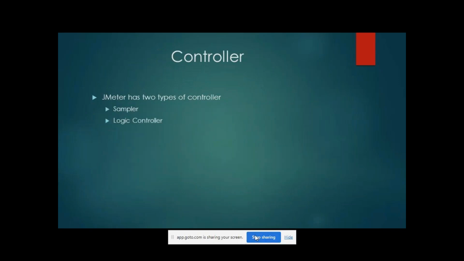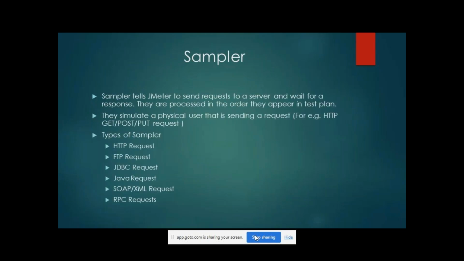Controller, we have basically two types of controllers. One is the sampler, another is the logic controller. Okay, sampler is basically the request that JMeter is sending to the target server. It tells JMeter to send a request to a server and wait for a response.